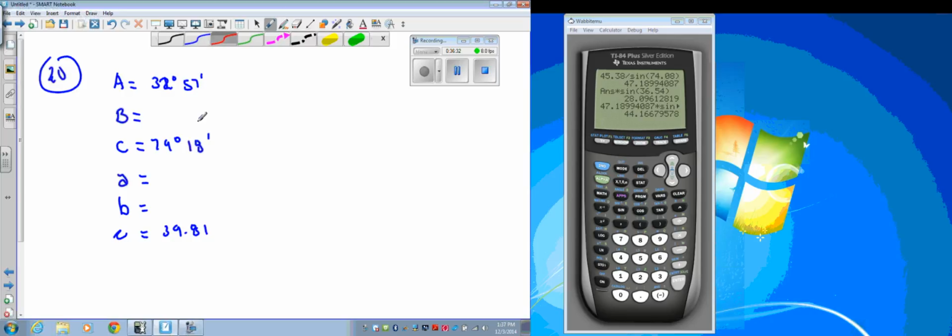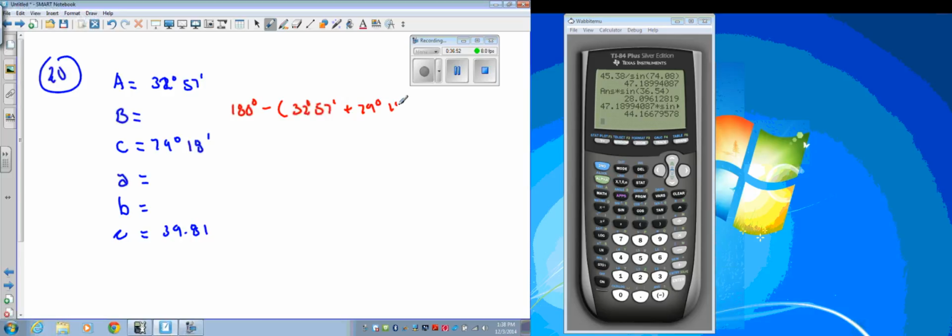So the first thing we're going to have to do is figure B, right? So that's 180 degrees minus the sum of A and C, 32 degrees, 57 minutes plus 79 degrees, 18 minutes.